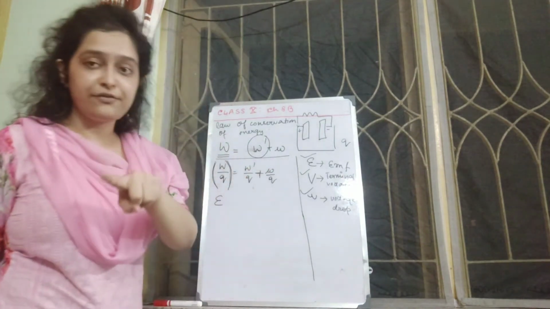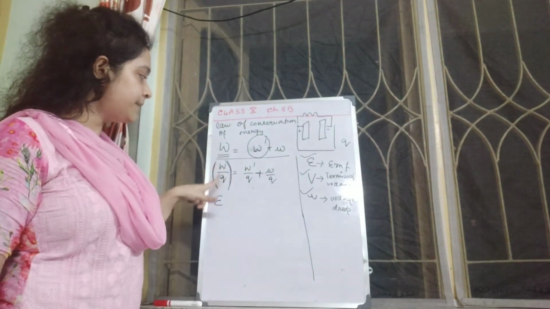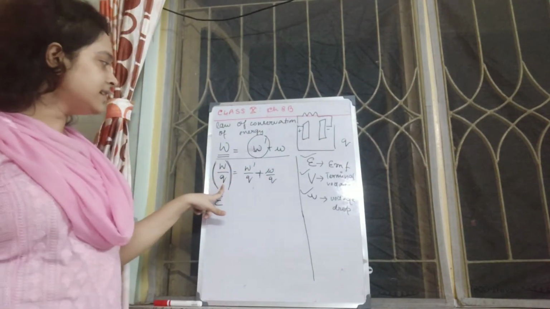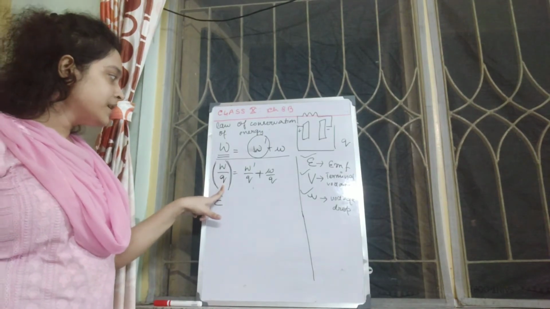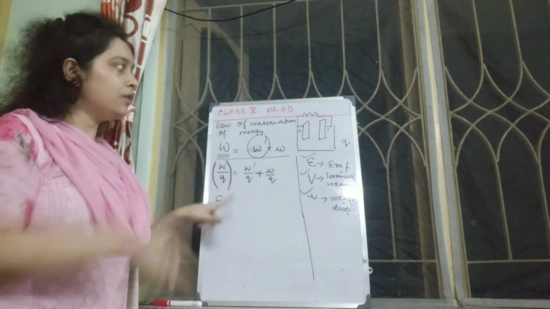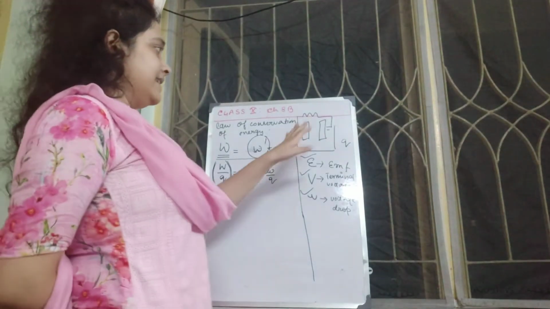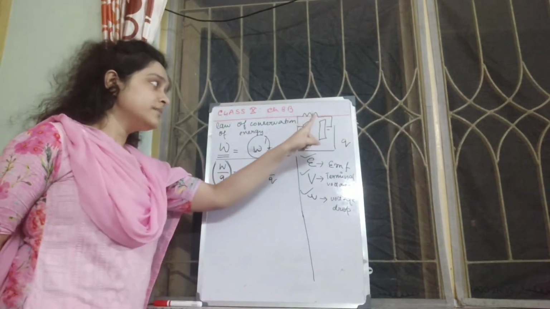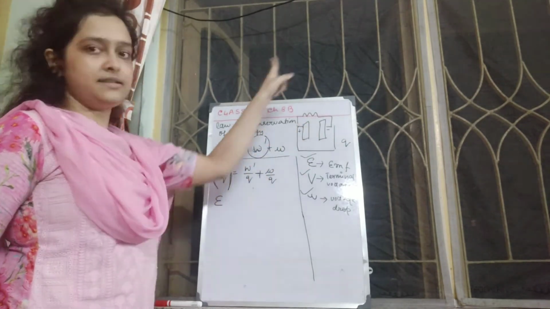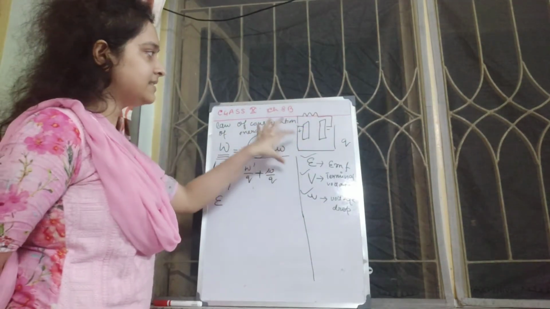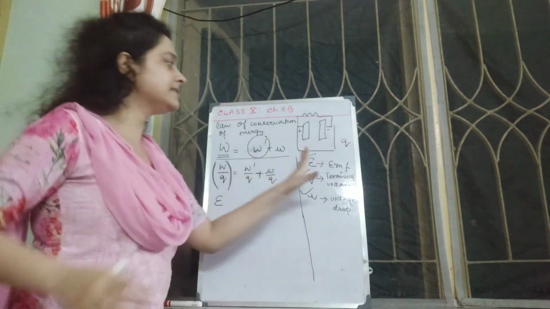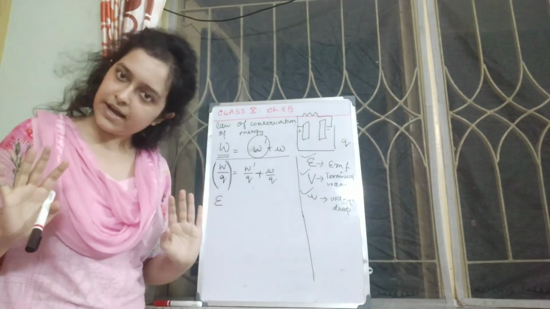EMF can also be defined as the work done per unit charge in moving the test charge Q throughout the entire circuit. That means taking the test charge Q around the complete circuit, outside as well as inside. This is the electromotive force, right?